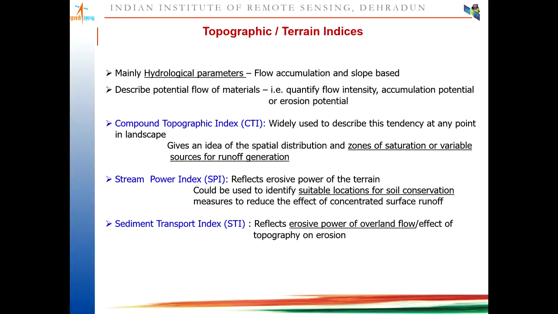If you are getting a high sediment transport index, it means there is a chance of more erosion, or you can expect riverbank erosion there. So this you can analyze with the help of your DEM.